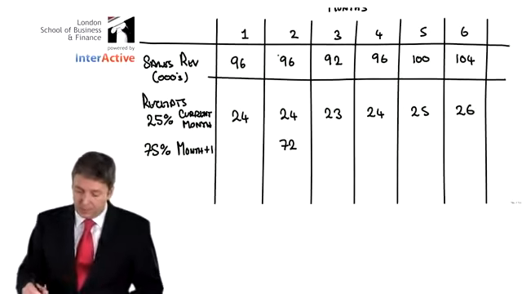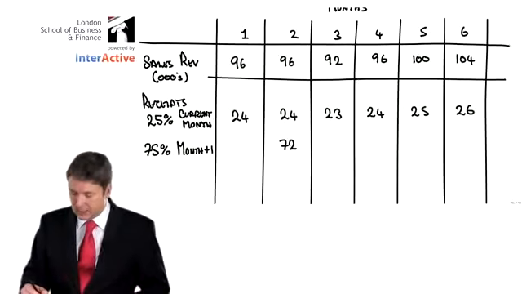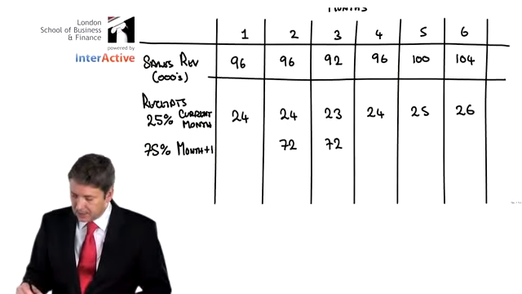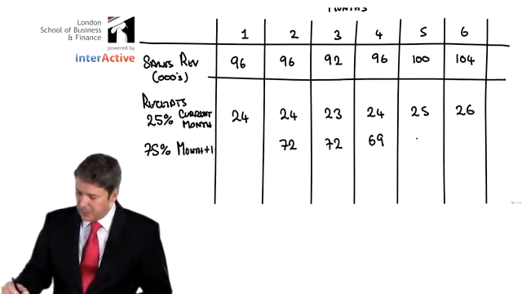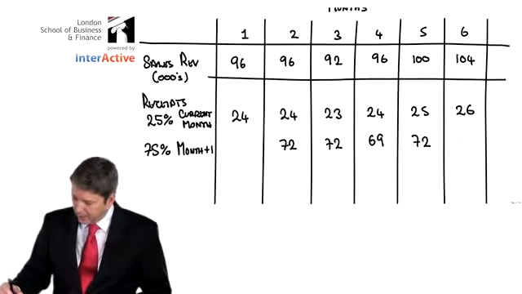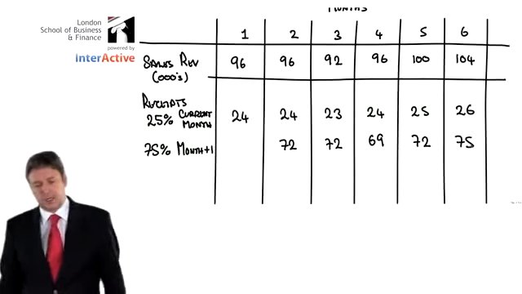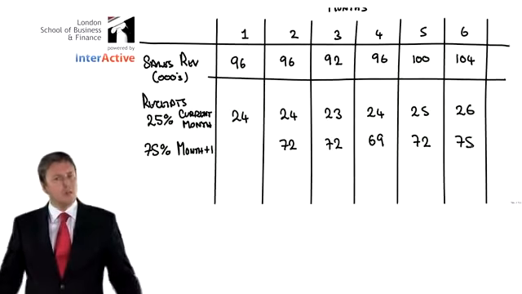So we keep on working. Month 2, the sales revenue is 96. 75% of that is 72. Month 3, 92. 75% of that is 69. 75% of 96, 72, and 75% of 100, I bet you, is 75. We're looking pretty good.